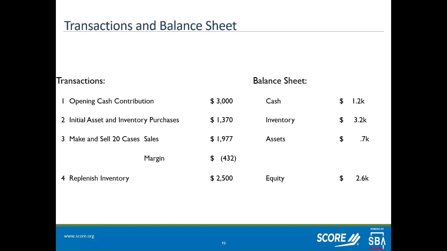And we might say, well, wait a minute, I put in $3,000. I should have $3,000, right? No, because you lost $432 along the way. And a net loss is, in effect, a reduction of equity. And the logic is it's reduced the value of the business. So that makes sense. Next slide.